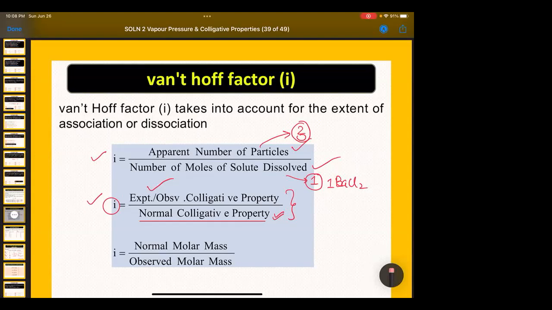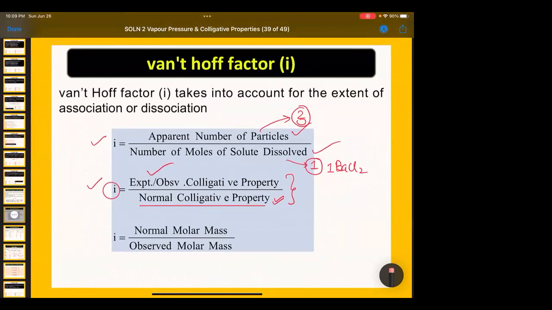Is it clear? Because they join together. So that is actually the abnormal molar mass. That is not the real molar mass. You are estimating more if the particles are getting associated, and estimating less if they are getting dissociated.